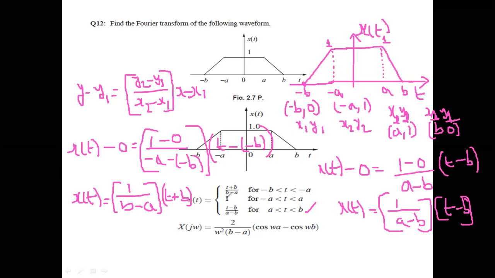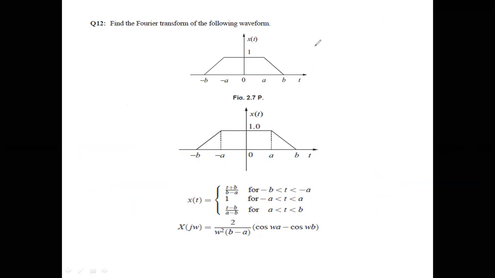Using this x of t, you can find out the Fourier transformation. Okay, what is the Fourier transformation? X of omega is equal to the integral from minus infinity to infinity of x of t into e power minus j omega t dt.